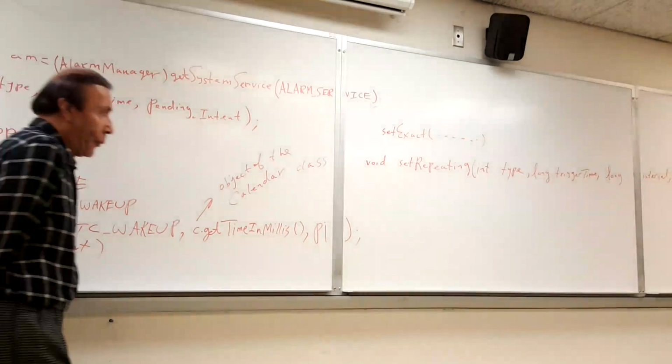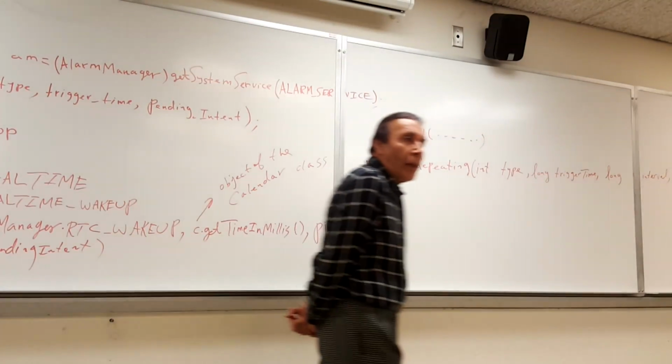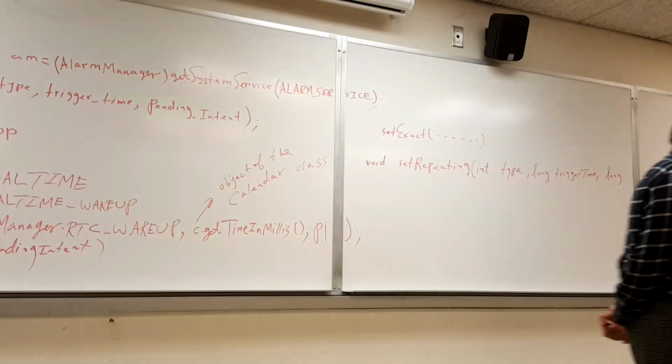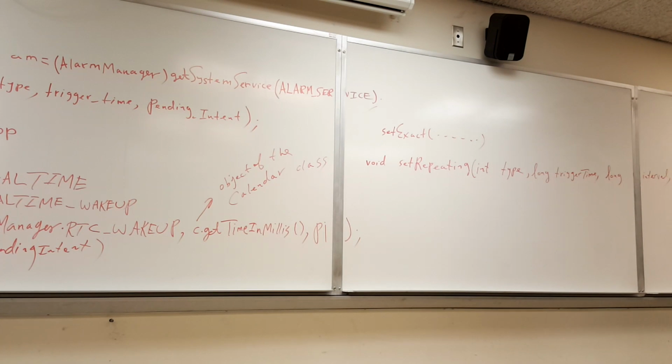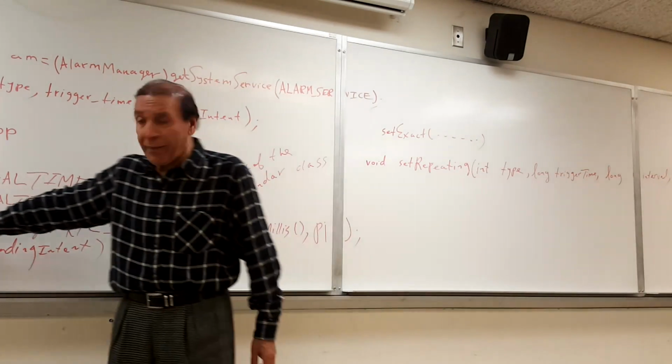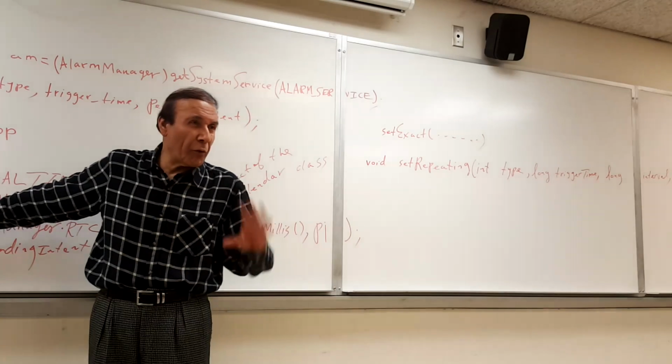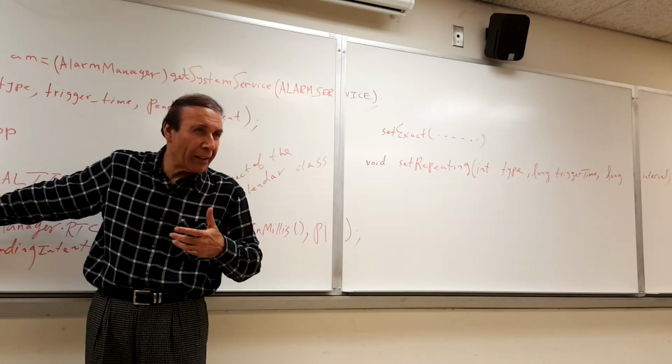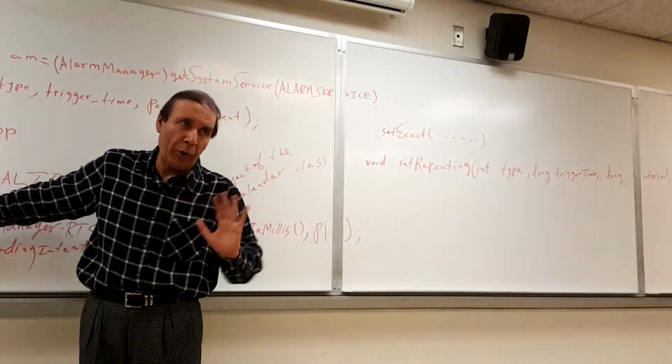We don't know. Nobody knows, okay? If you are talking about the window that you want to set up, so that within that time frame something should happen, I'm going to discuss it, but I haven't discussed that yet. If you remember, I said we have set, which for versions before KitKat was working properly.